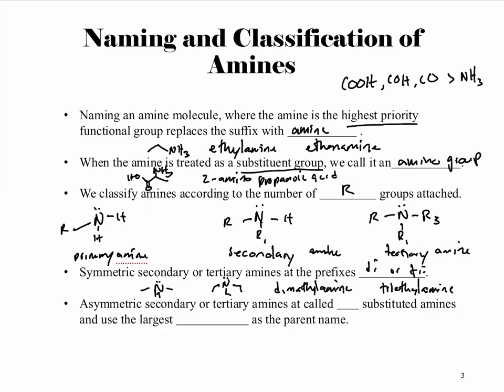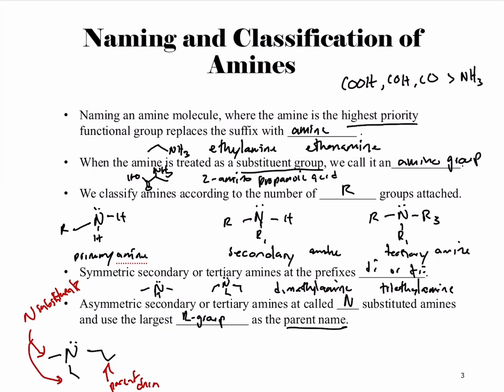Asymmetric secondary and tertiary amines are called N-substituted amines, and we use the largest R group as the parent chain name, right? So if we had something where we have a propyl there, an ethyl, and a methyl, these two groups right here are the N substituents, and this would be the parent chain for the amine.